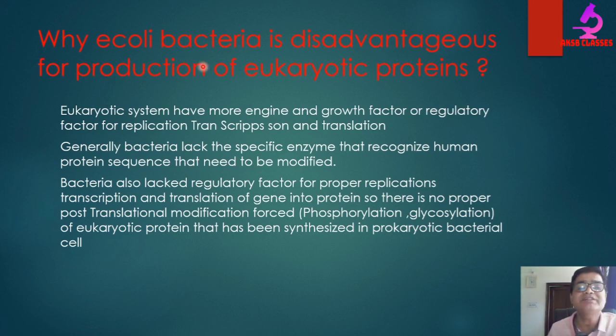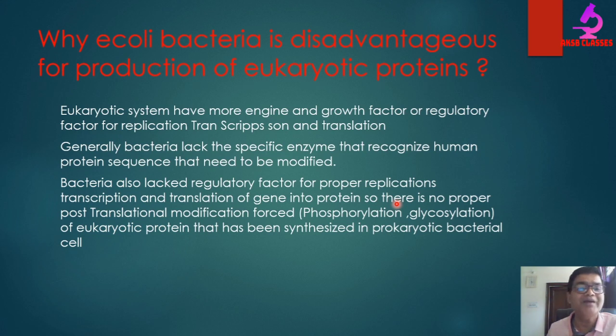Eukaryotic systems have more growth factors or regulatory factors for replication, transcription and translation. Generally, bacteria lack specific enzymes that recognize the human protein sequence that needs to be modified. Bacteria also lack regulatory factors for proper replication, transcription, and translation of genes into protein.